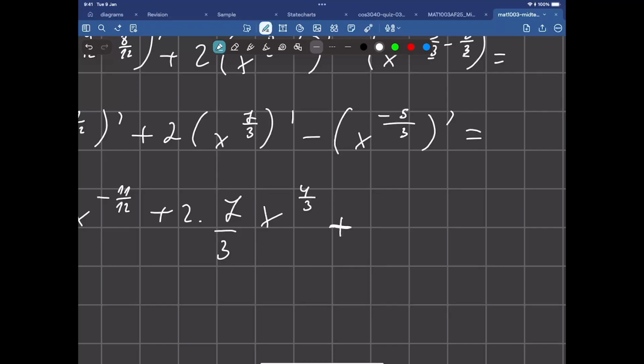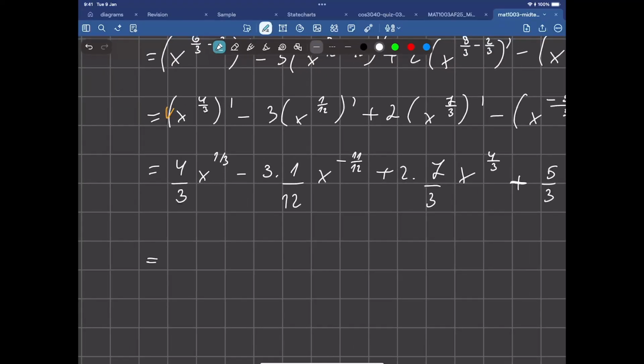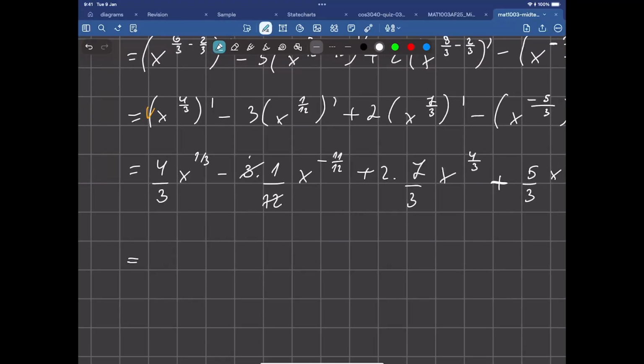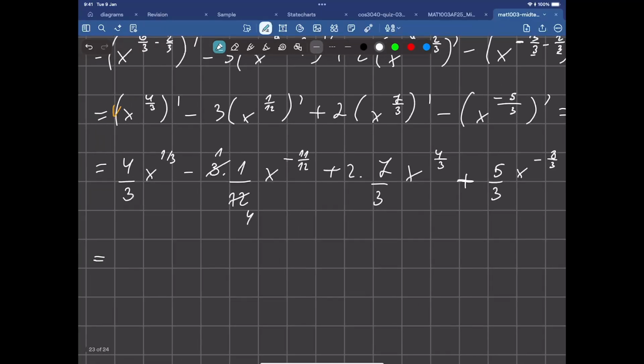So I'm directly going to write a plus 5/3 x to the power of minus 5/3 minus 1, which is minus 5/3 minus 3/3, which is minus 8/3. Okay, good stuff. So now we have 1 and 4 here. We can cancel out. The rest of it we cannot cancel out.